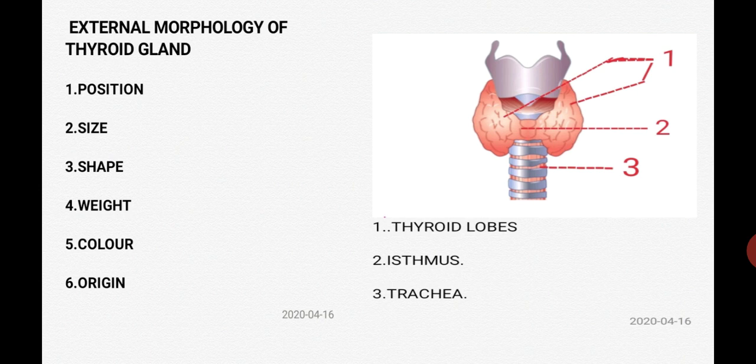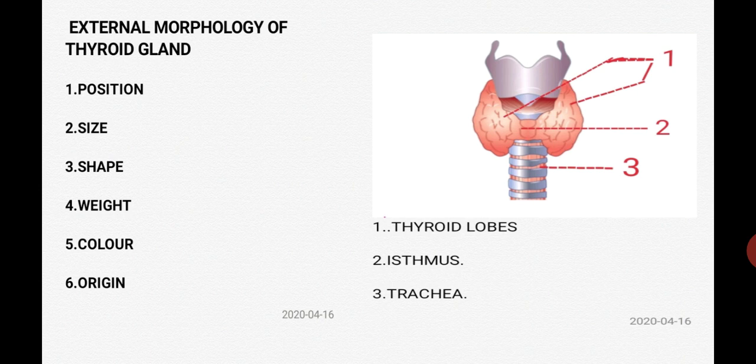Let's revise the points once again. External morphology of thyroid gland. Point number 1, position. It is situated in the anterior region of the neck, just below the larynx and ventrolateral to the trachea. Number 2, size, 5 into 3 centimeter. Number 3, shape. It is shield shape or butterfly shape or H shape.